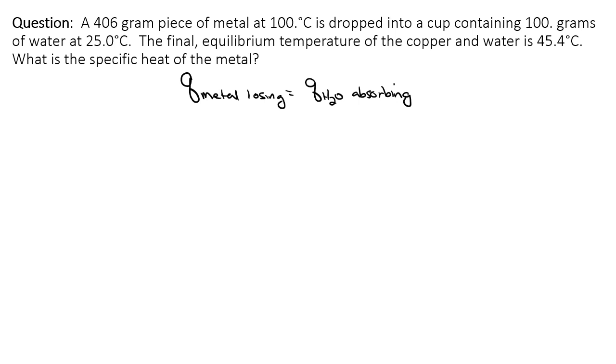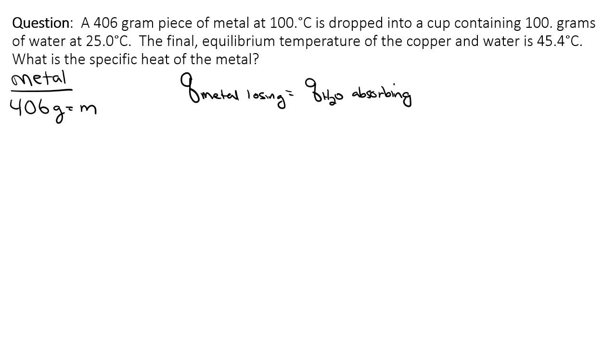It may help to solve this in two separate steps and also write down what information we know. For the metal, let's write down the metal on the left. We know that it's a 406 gram piece of metal, so that's the mass. We don't know the specific heat of that metal, so that's what we're trying to find.